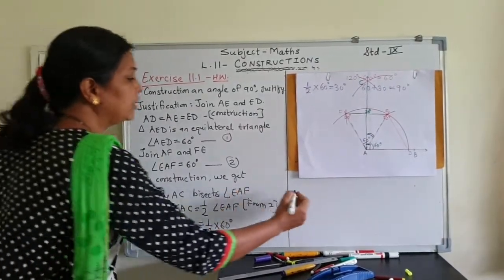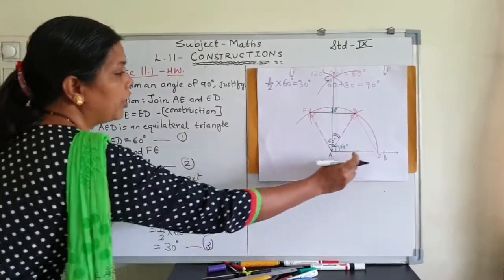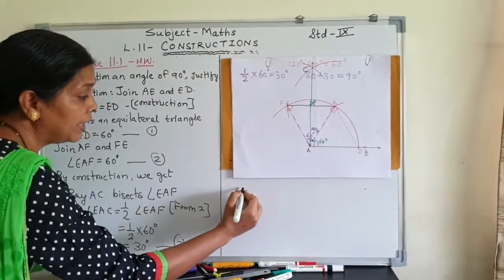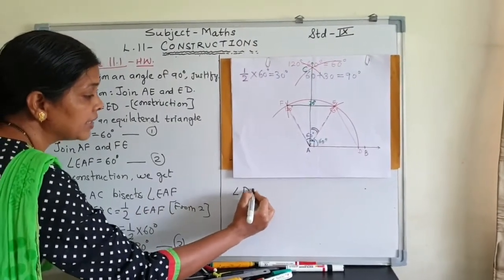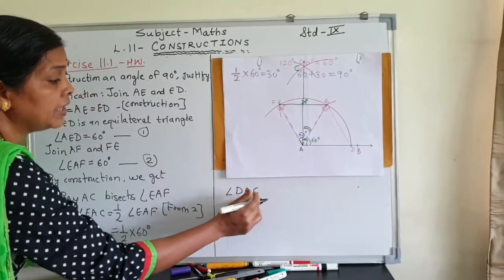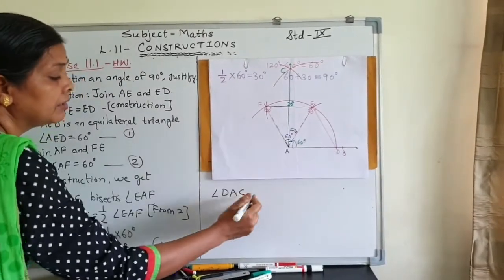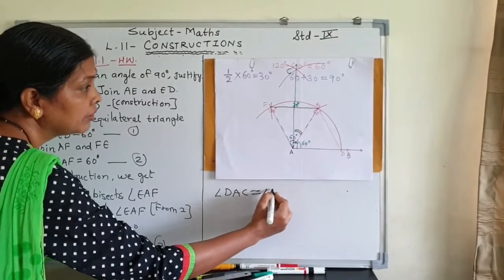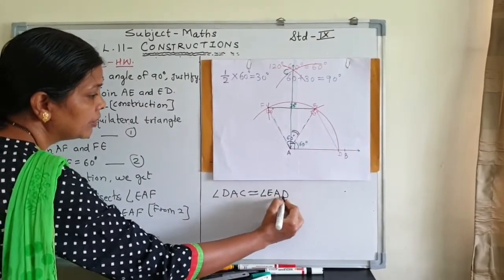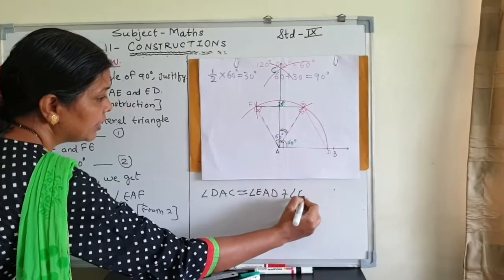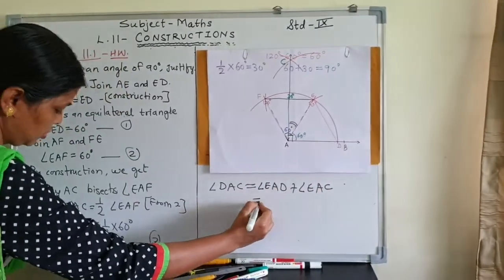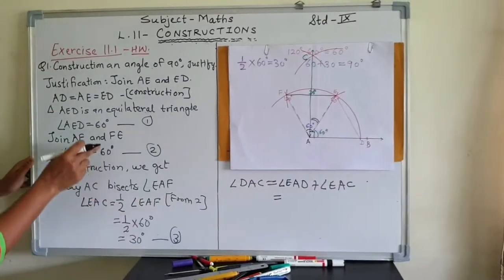Now you know that we want this whole angle DAC to be 90 degree. So angle DAC or CAD is equal to angle EAD plus angle EAC.